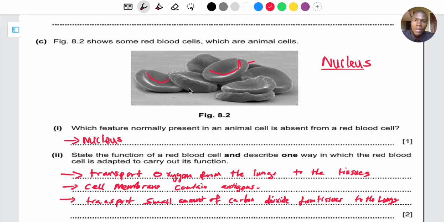When you talk about biconcave, imagine it like a plate. The plate is able to hold soup because it is biconcave. That's the way the red blood cells are. So they are biconcave in shape, and this enables them to carry hemoglobin as well as oxygen. So you just have to put that one.